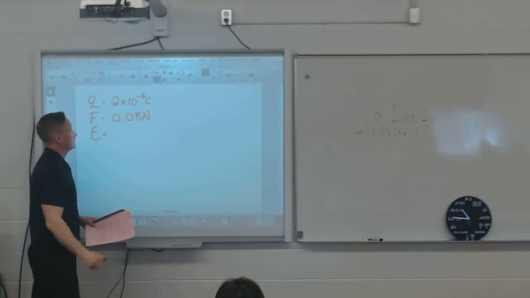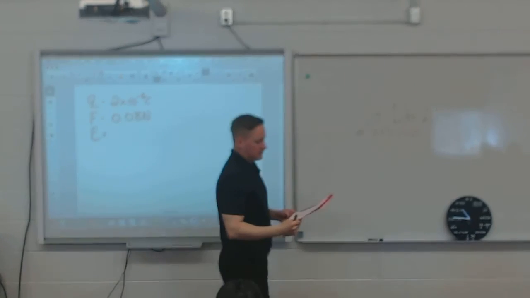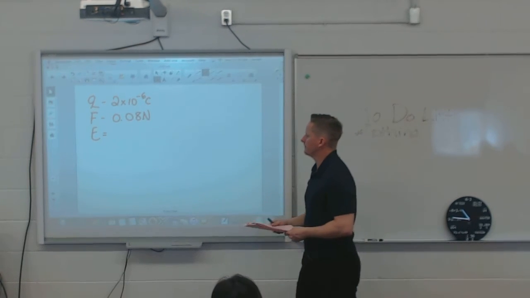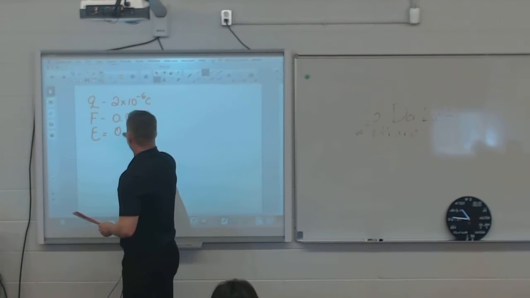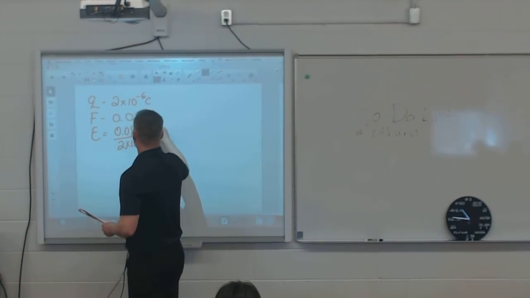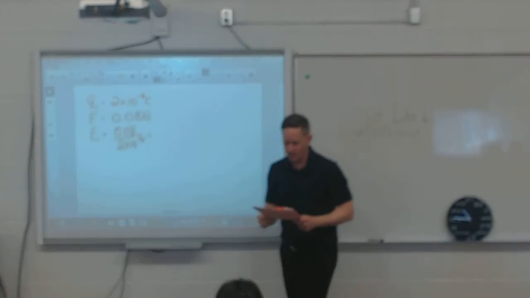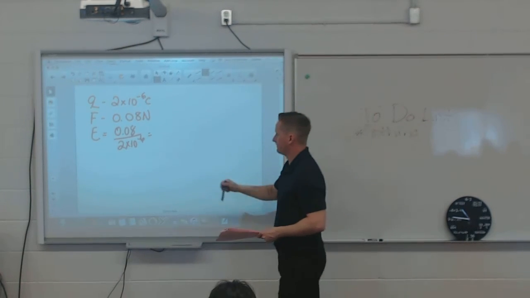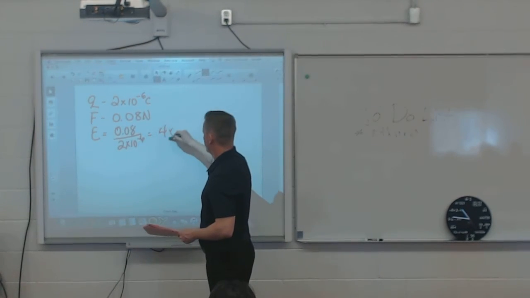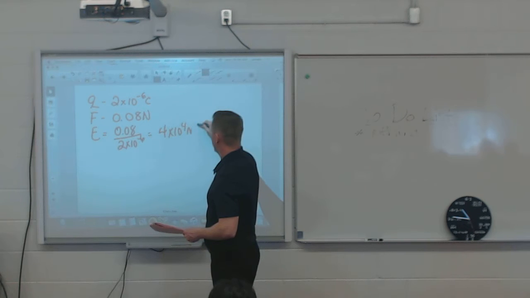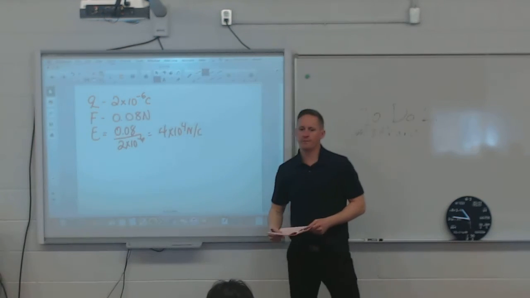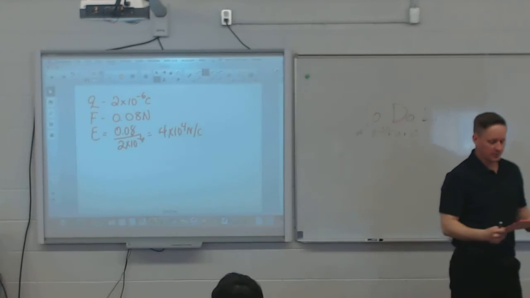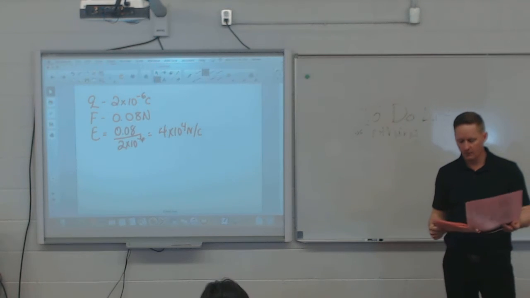I need to find E. So 0.08 divided by 2 times 10 to the negative 6. Punch that into your calculators. Get 40,000 newtons per coulomb, right? Okay.